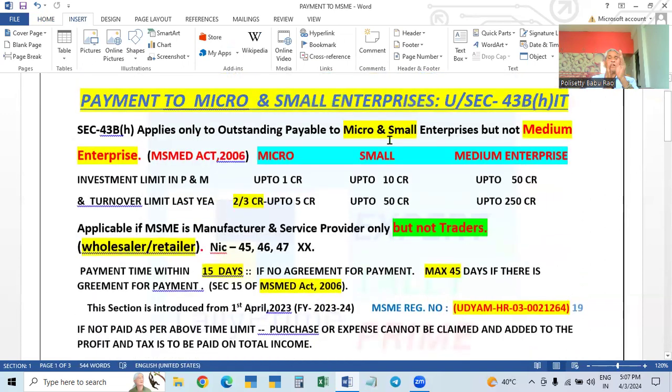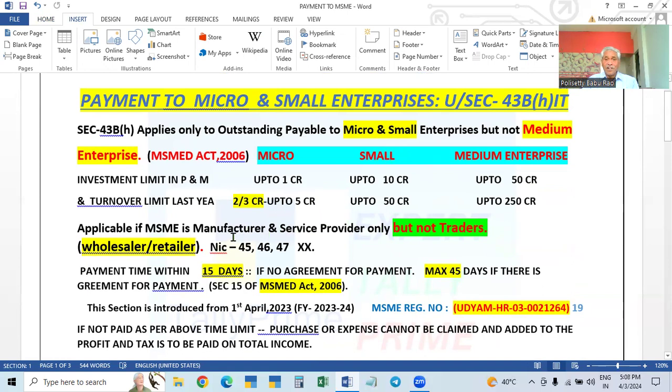Whenever you create a creditor account, from every creditor, we have to take the certificate. In the certificate, the activity, whether it is service or manufacture, or wholesaler or retailer, will be given.